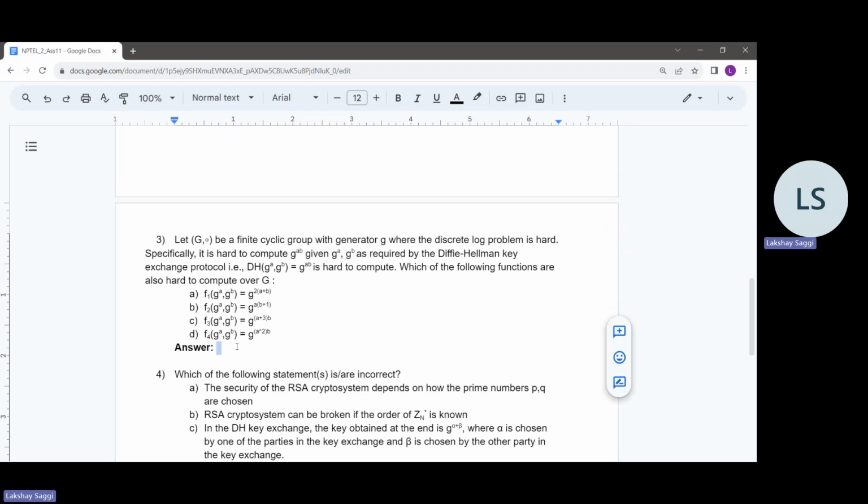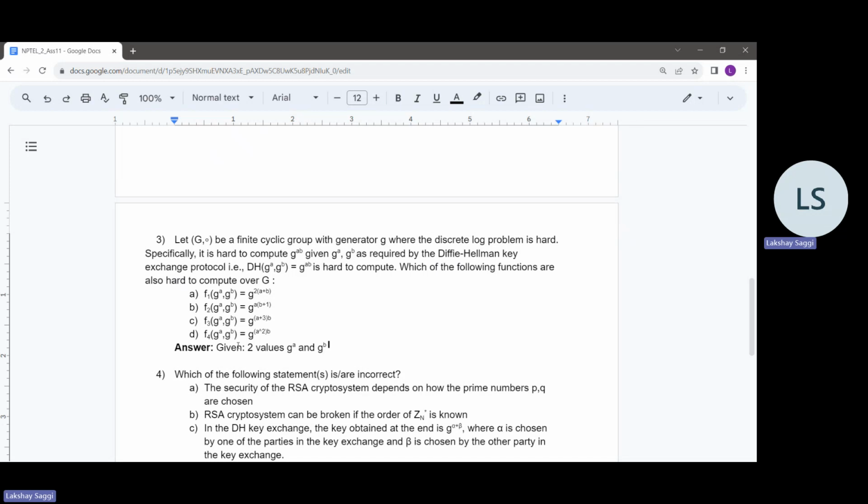Maybe I'll write down what the problem is essentially saying. We are given two values, g raised to the power a and g raised to the power b. We are not given what a and b are. Sorry, we know g, but we don't know a and b.